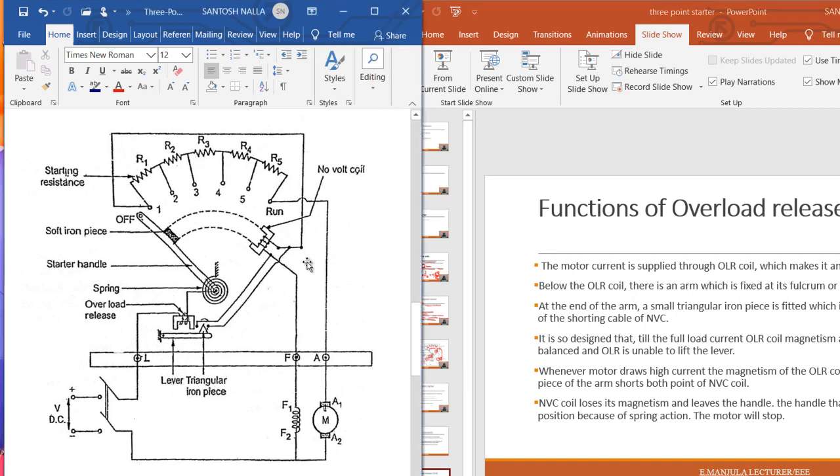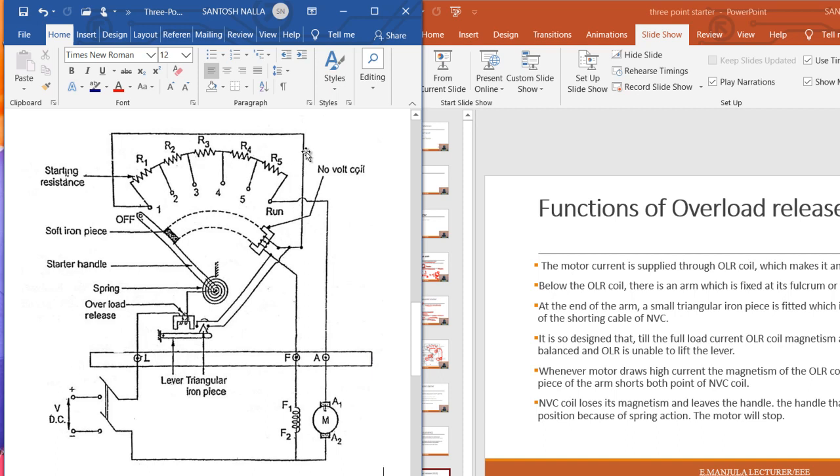Now, if there is either a low voltage or no voltage, at that position, what happens? Example, say there is some cut or else no power.